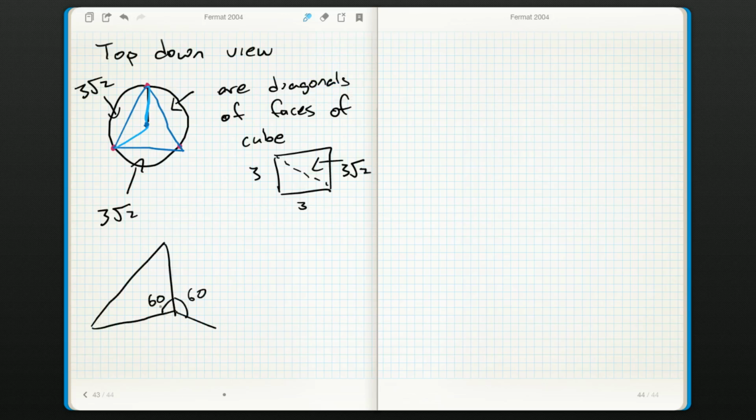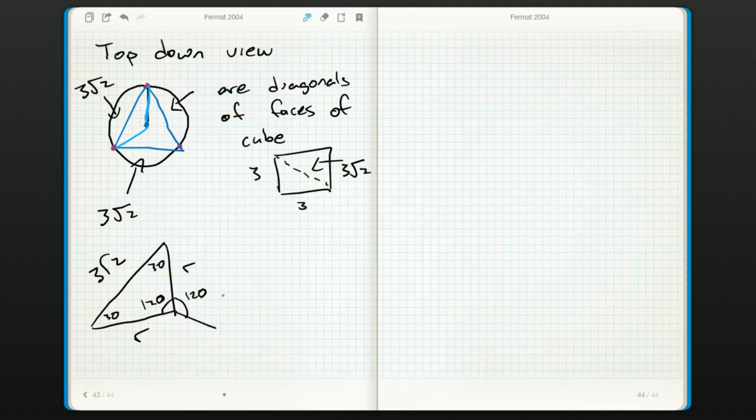Or not 60, 120. 60 for the corners, and the corners are being split in half. So we have 30s here, 30s here, we've got 120s here. And we know this is 3 root 2, and then we've got R and R.